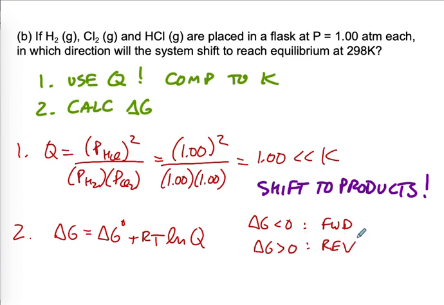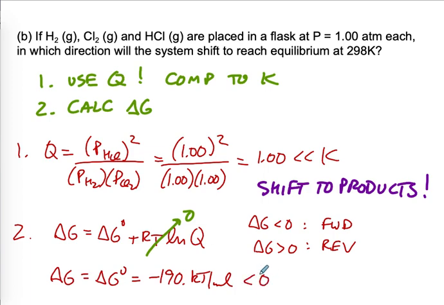In this particular case, because Q is equal to 1, the natural log of Q is simply equal to 0, so this whole term goes to 0. That tells me delta G is equal to delta G naught, which is negative 190 kilojoules per mole. And because that is less than 0, we predict the same, which is that in order to achieve equilibrium, this set of conditions would have to shift towards the products. So again, use either of these two methods to calculate whether a given system must shift towards the products or reactants to achieve equilibrium. You will get the same result.